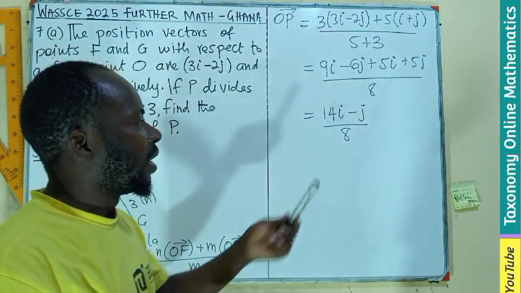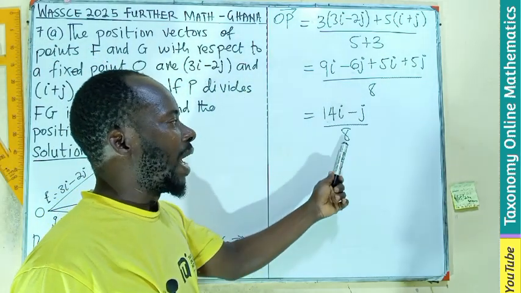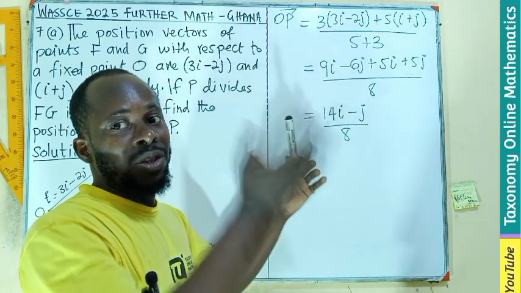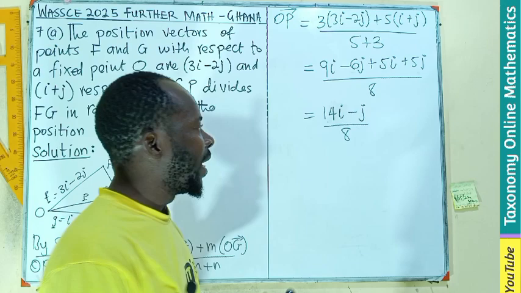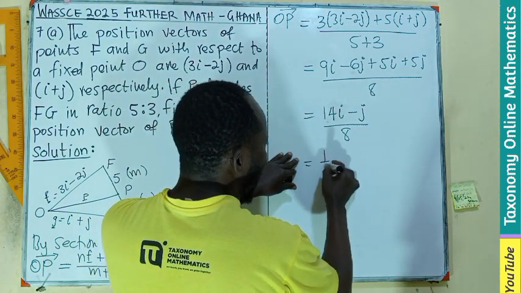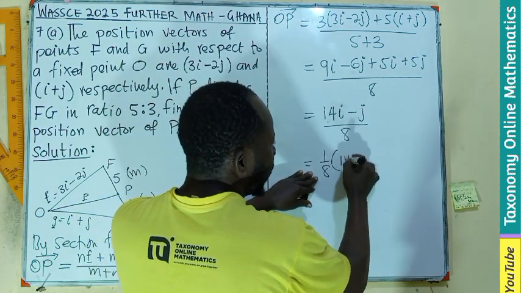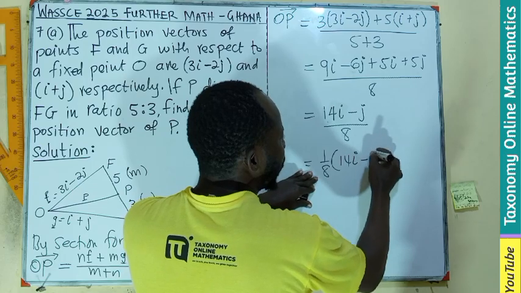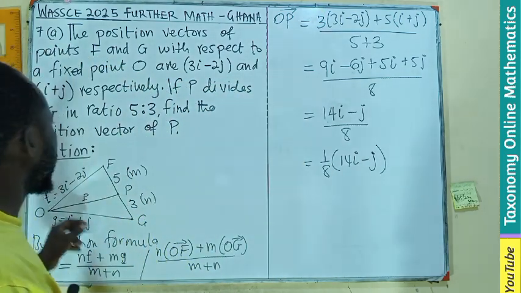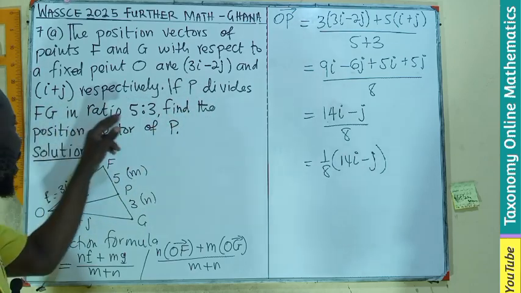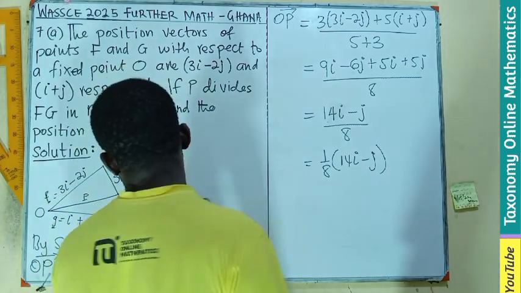Here we either divide both terms by 8, or we factorize the numerator with a common factor of 1 over 8. So this becomes 1 over 8 multiplying 14i minus j. That becomes the position vector OP, or P, which divides FG in the ratio 5:3.